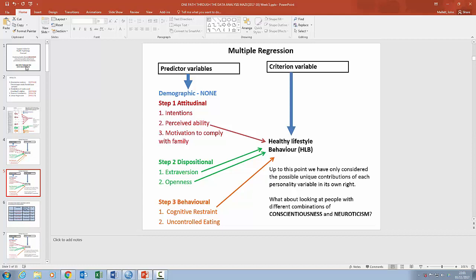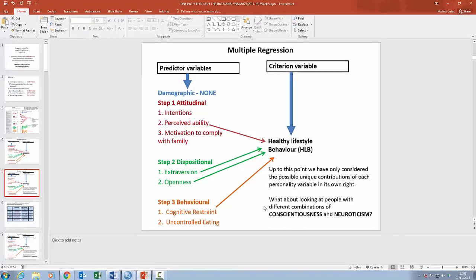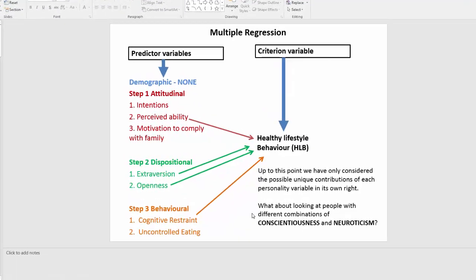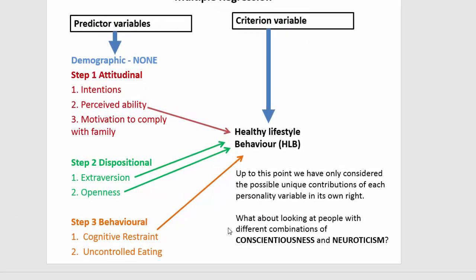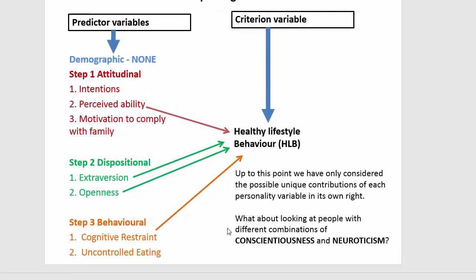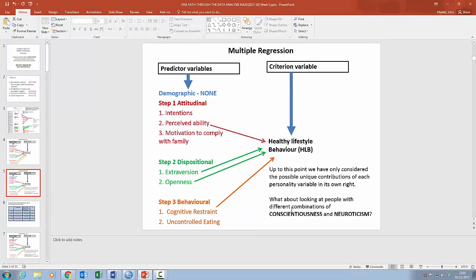However, there is some literature to suggest that combinations of conscientiousness and neuroticism, as in this note, so you might want to pause the video and have a read of this, but there is some evidence to suggest that people who are high in conscientiousness and high in neuroticism in combination might act in a more healthy way. So their healthy lifestyle behavior might be different. So we would want to add in these combinations as well into this step.